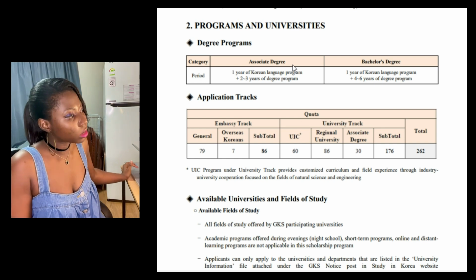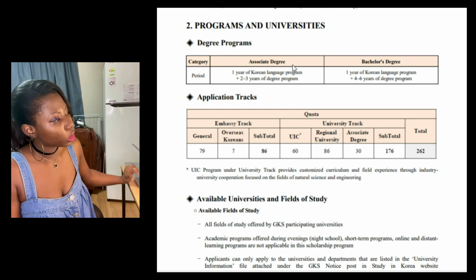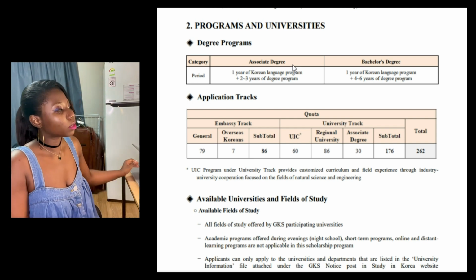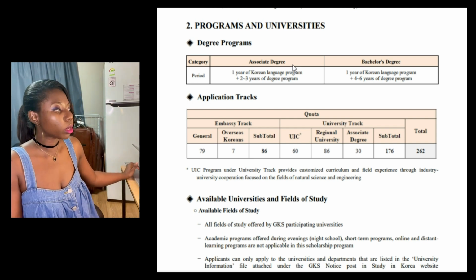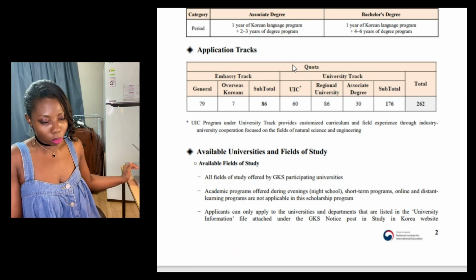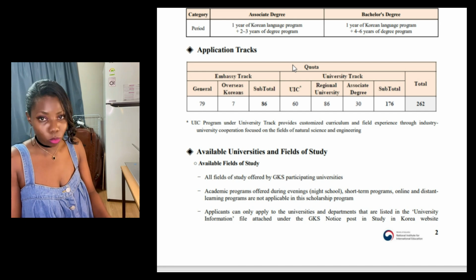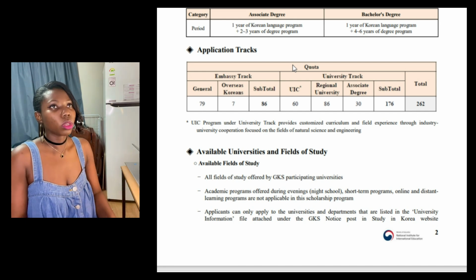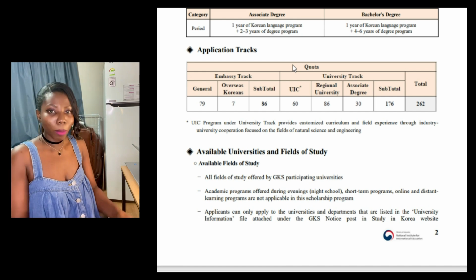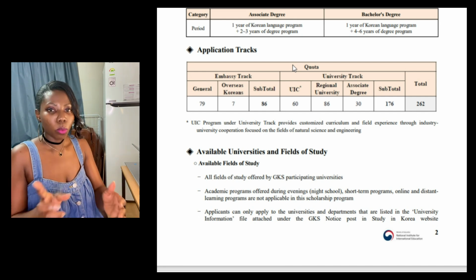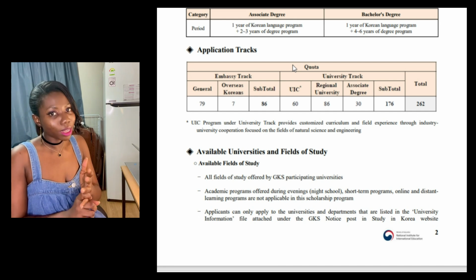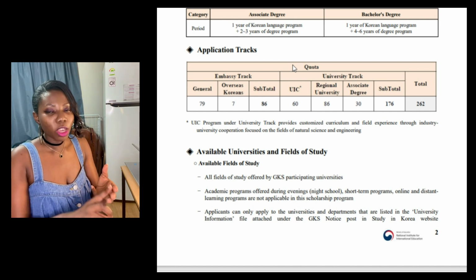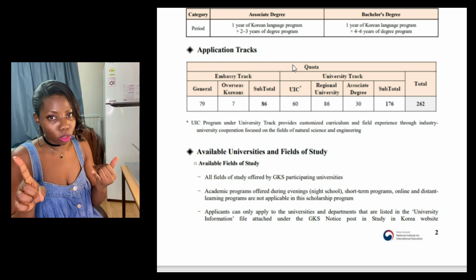Then for the bachelor's degree, we have 1 year of Korean program plus 4 to 6 years of degree program. When we come to the application tracks, we have the embassy and the university track. If you are applying through the embassy, you have to submit one set of original documents plus 3 photocopies of the one set of original documents.